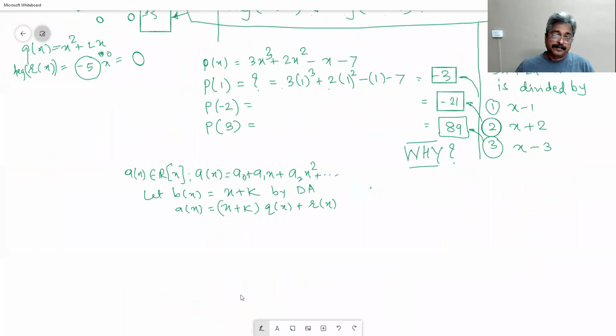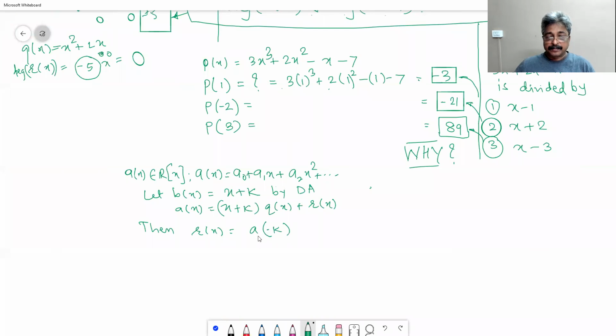Then r of x is equal to A of opposite of k. That is what you have done here.